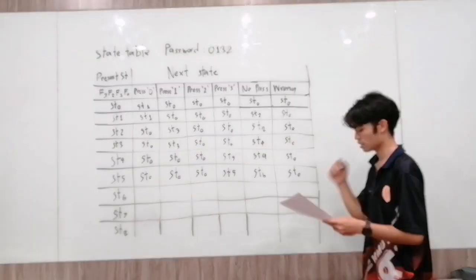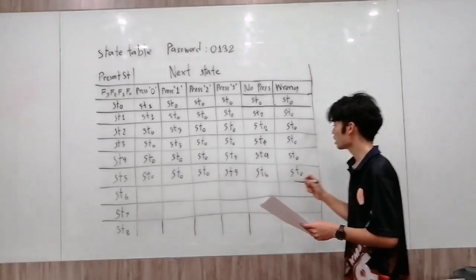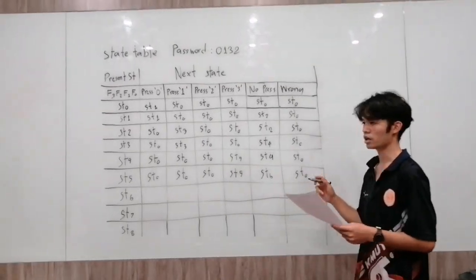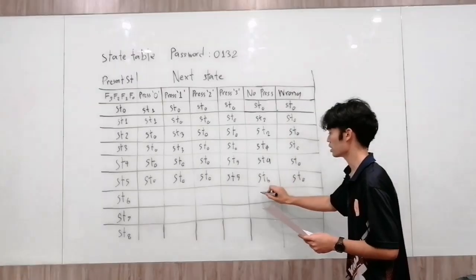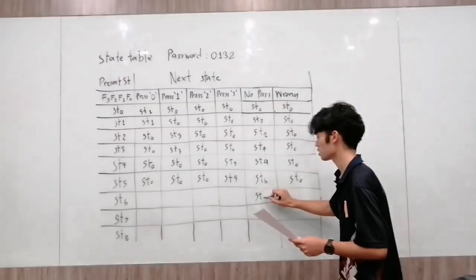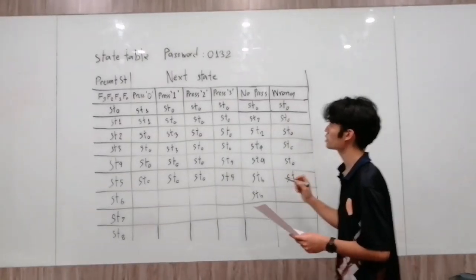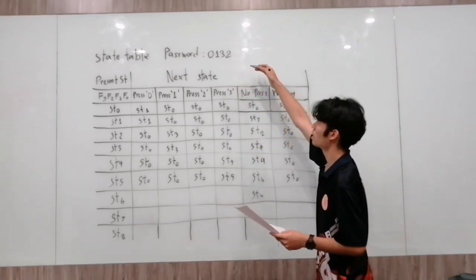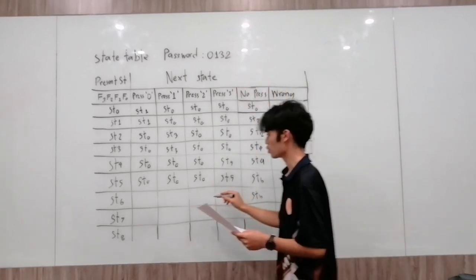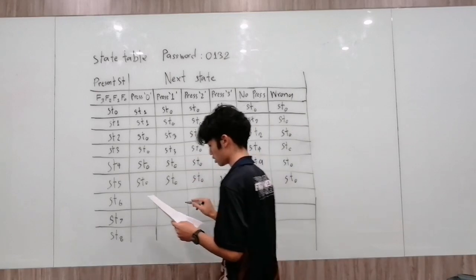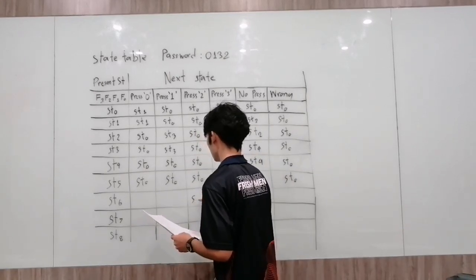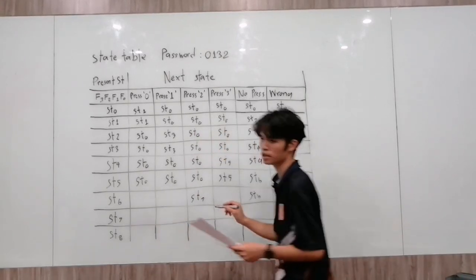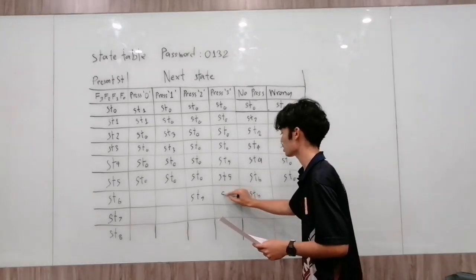At state 6, if you still release the button, it's still in state 6. When you press the last password, button number 2, it goes to state 7. Other cases go to state 0.